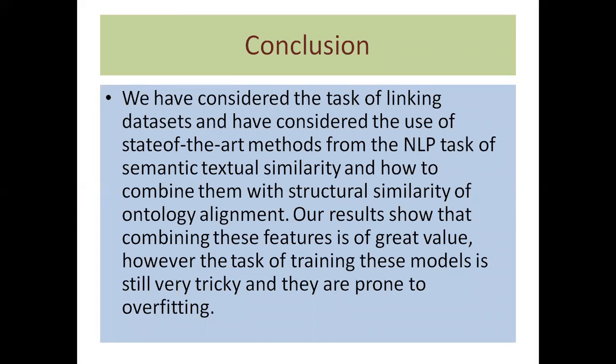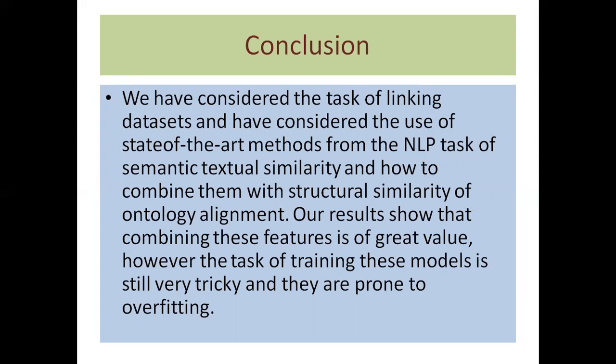Next, the conclusion. We have considered the task of linking datasets and have considered the use of state-of-the-art methods from the NLP task of semantic textual similarity and how to combine them with structural similarity of the ontology alignment. Our results show that combining these features is of great value.